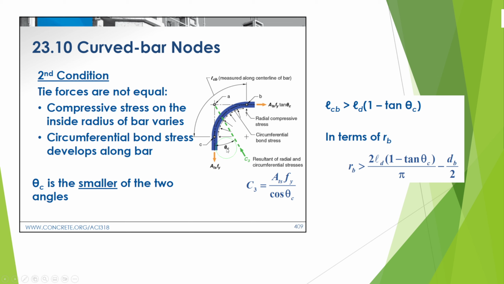Theta c is required to find the resultant compression to balance the tension forces before and after node A. And here we have to know that the formula used to find the minimum radius is different than the formula required in case T1 is equal to T2.